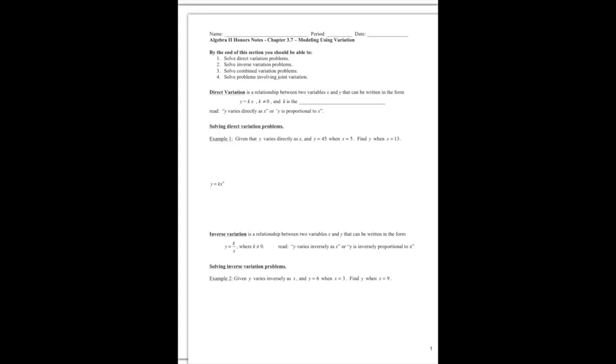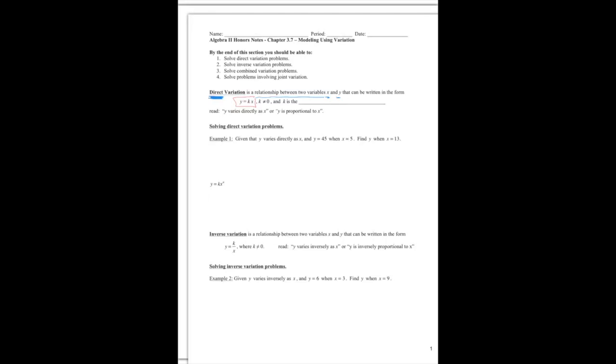So the first type of variation that we're going to talk about is direct variation. Now, variation is the relationship between two variables, in this case x and y, and direct variation is written as this type of equation. y equals k times x.